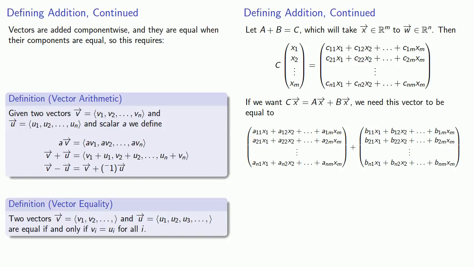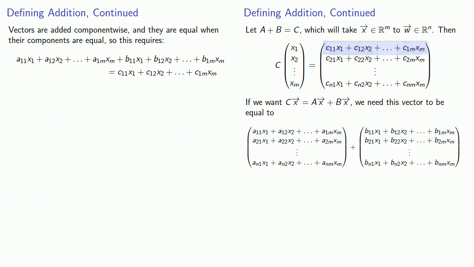Finally, remember the fact that we're writing our vectors as a column vector doesn't change the fact that they are vectors. So we'll compare our components. So our first component of our sum is going to be a11x1 plus a12x2 and so on, plus our corresponding b values, and that should be the first component of our c vector.